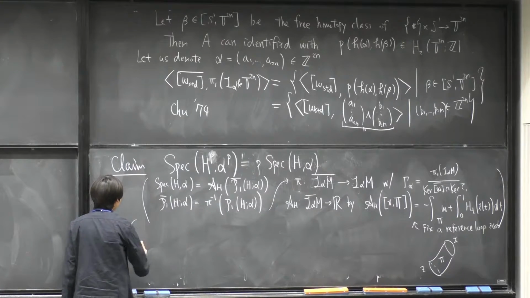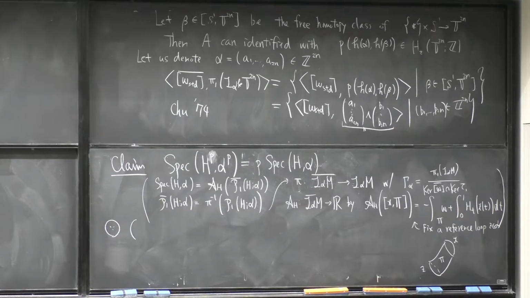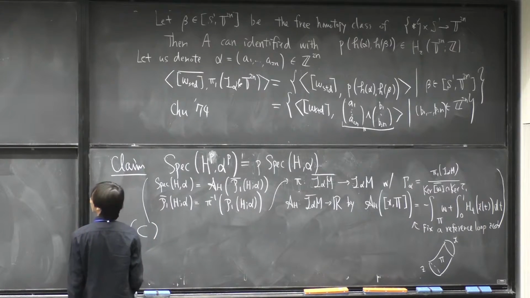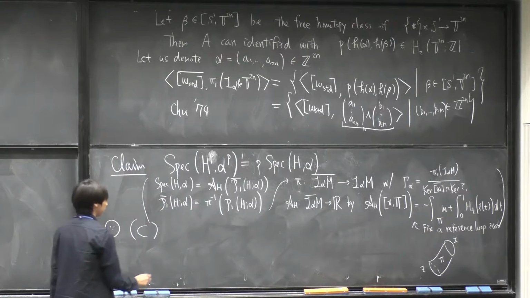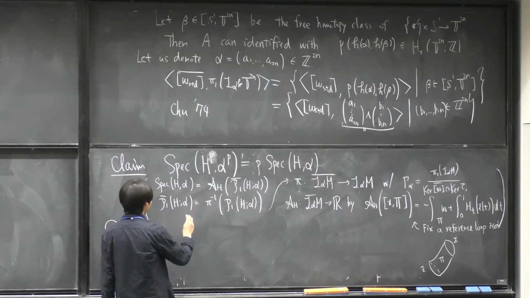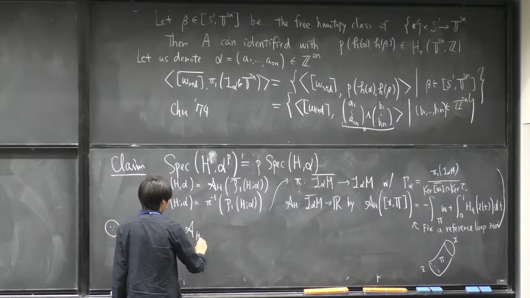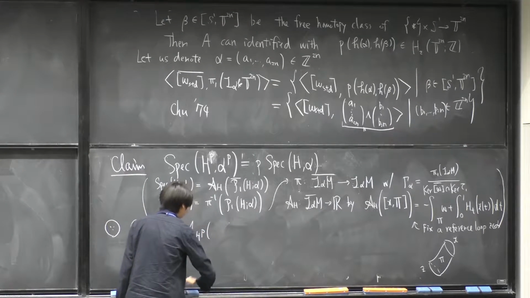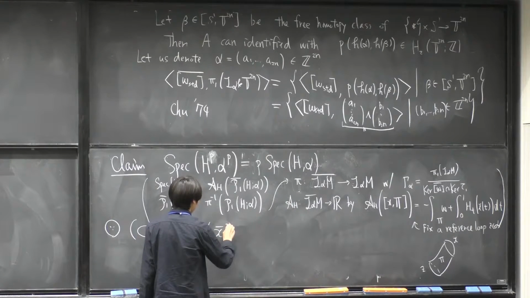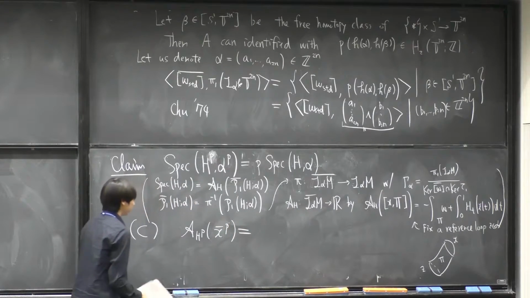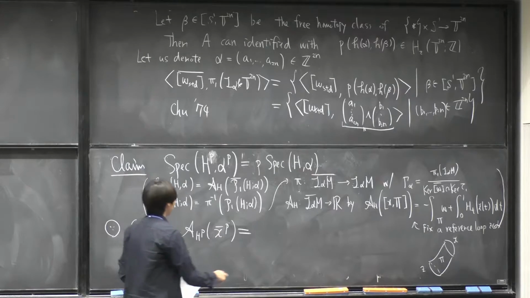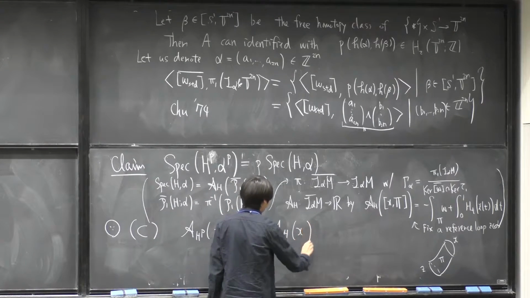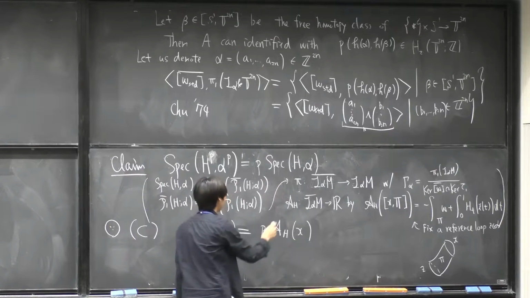At first, as mentioned by Mitsumatsu, this direction is trivial because every element in here is p times an element in here.